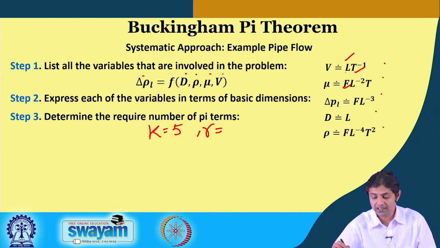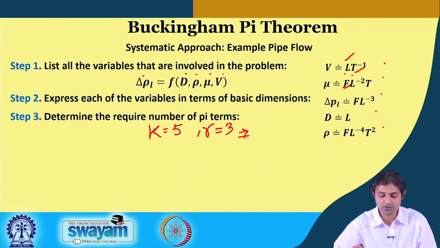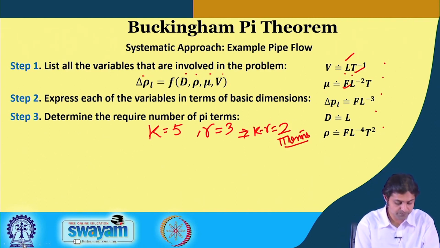Here L is there, T is there, F is there. So, r will be 3. So, the number of pi terms is going to be k minus r according to the Buckingham pi theorem. So, 2 pi terms. This is just to explain to you.